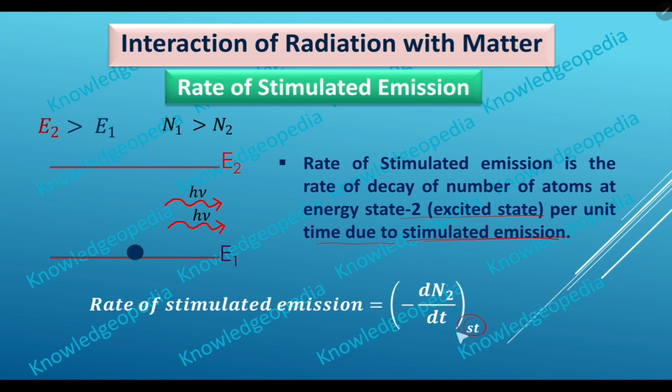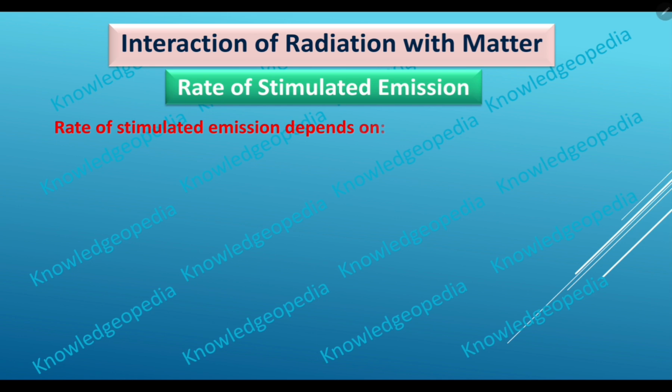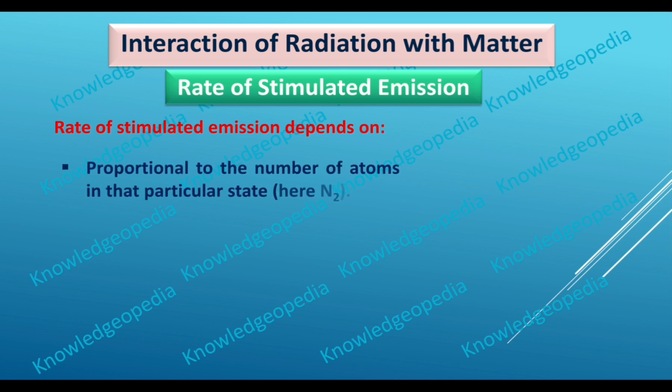Now the next task is to find out what are the physical quantities on which this rate depends. Here again the rate of stimulated emission depends on two quantities. The first one is the number of atoms in the excited state E2, that is N2, because the transition is from the excited state.